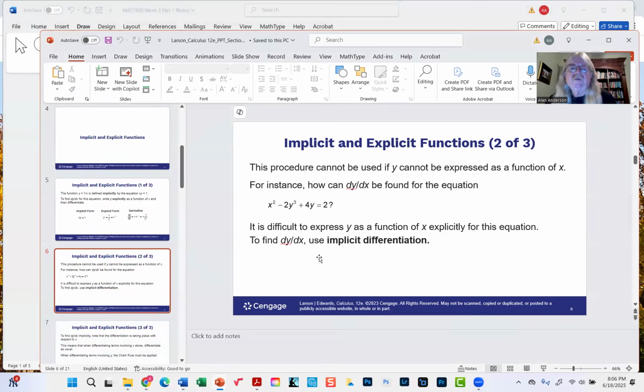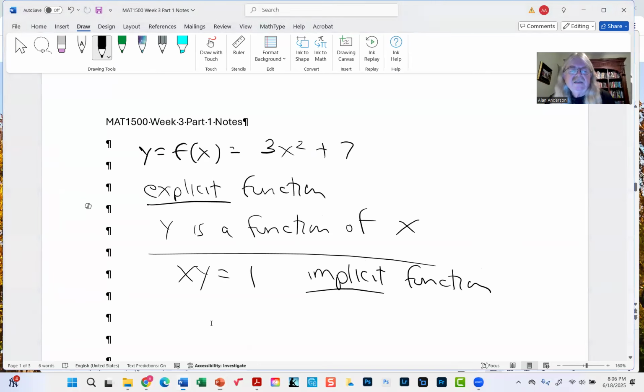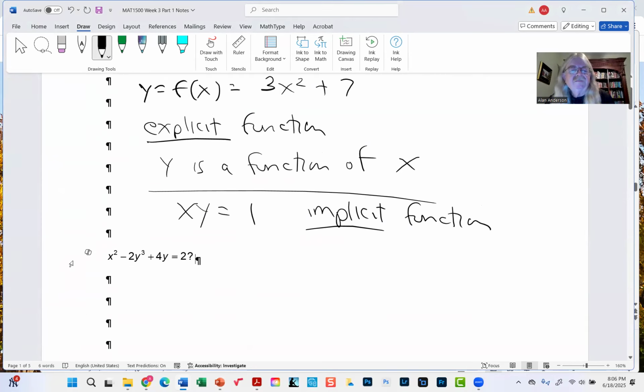So here's one. How about if you had x squared minus 2y cubed plus 4y equals 2? This doesn't look promising.